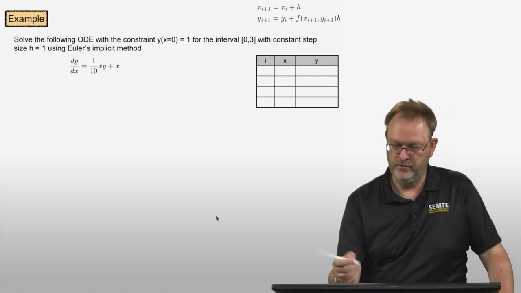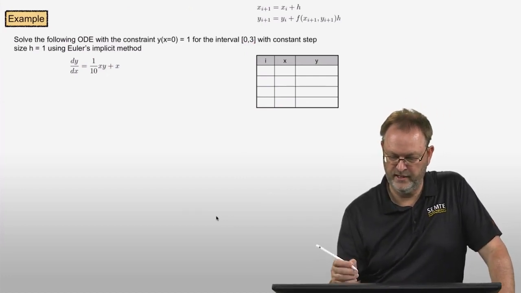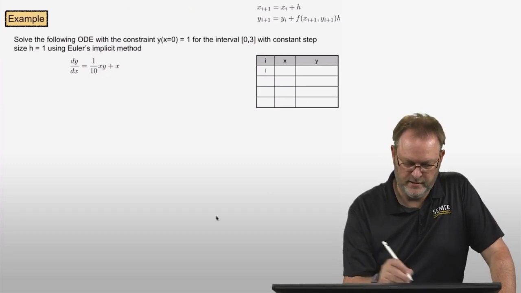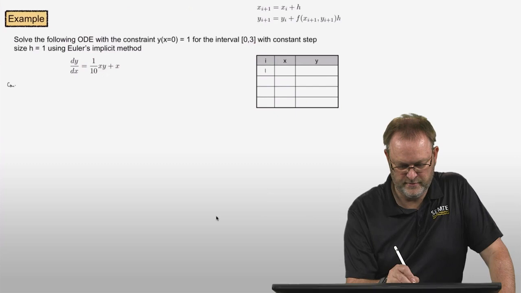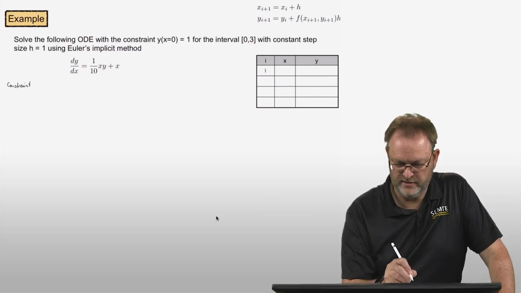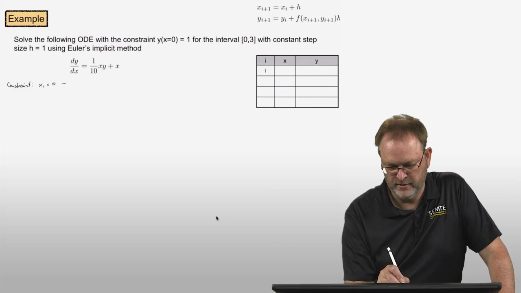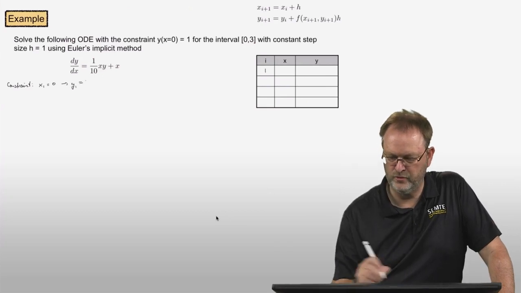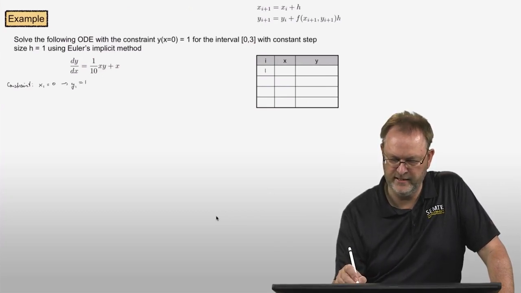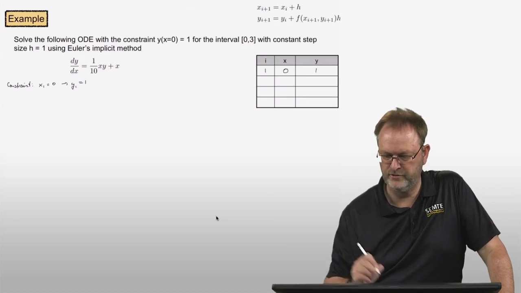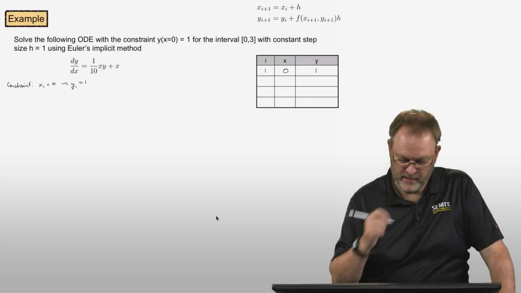So I'm going to start with the initial constraint, right? So the constraint is again x1 is equal to 0 and y1 is equal to 1. So at i equal to 1, x is equal to 0 and y is equal to 1.